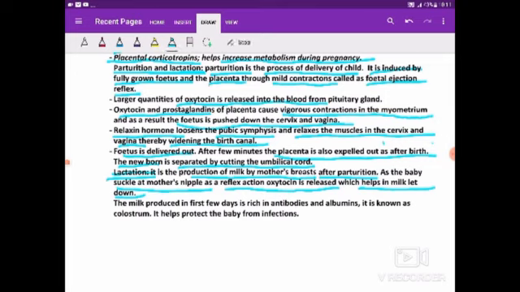The milk produced for the first few days is rich in antibodies and a lot of proteins like albumin, carbohydrates, minerals, and vitamins.